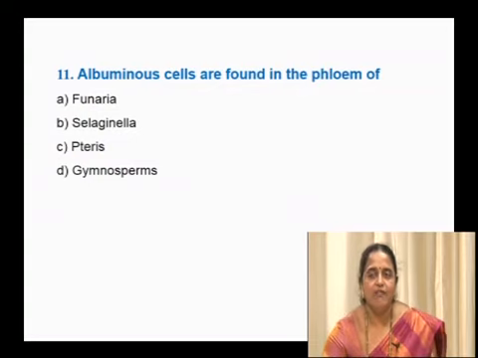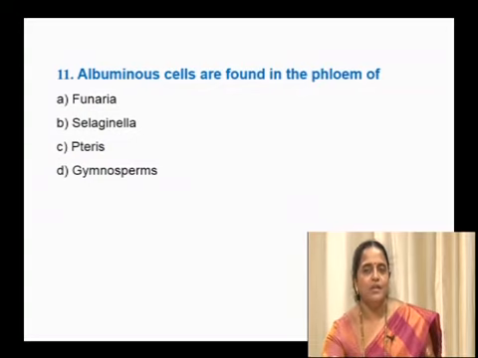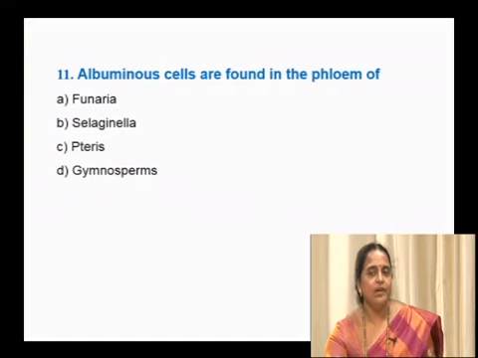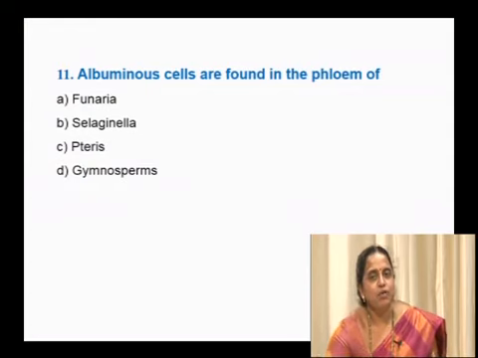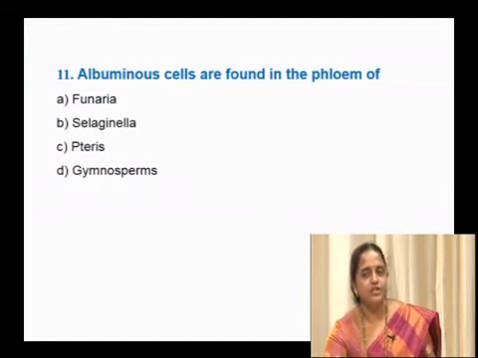Albuminous cells are found in the phloem of gymnosperms. Funaria is a bryophyte, Selaginella and pteris are pteridophytes, while gymnosperms are adapted for mostly xeric conditions, and in gymnosperms, along with the sieve tubes and companion cells, some parenchyma store albumin.